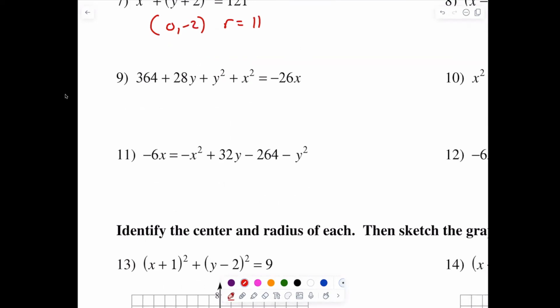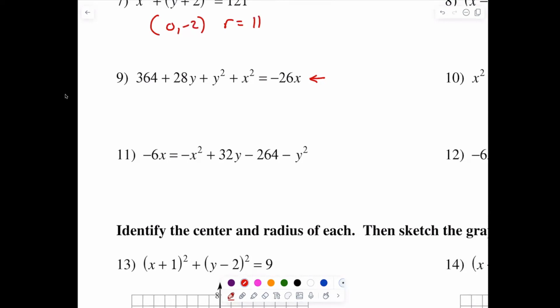So now I have to teach you how to go from general form to standard form. That's going to require you to remember a little bit from last year called completing the square. This is an algebra 2 topic, where you have to complete the square in order to write it in standard form.